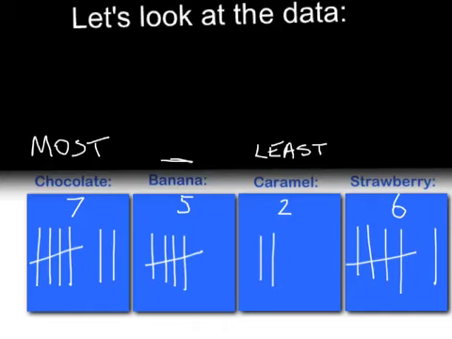That's a challenging question. So if we look at it, 5 people liked banana, 2 people liked caramel. So what's the difference between 5 and 2? Or another way of looking at it is 5 take away 2 equals, and that will be our difference.